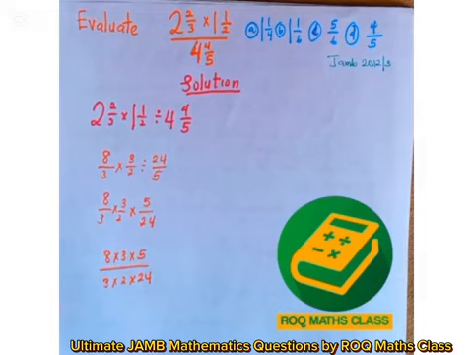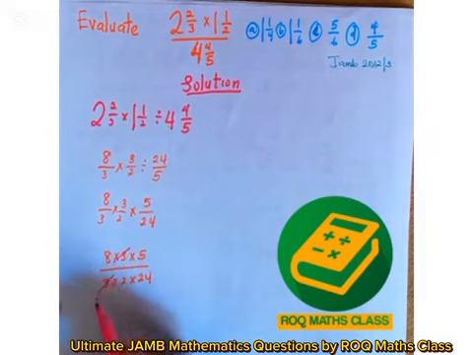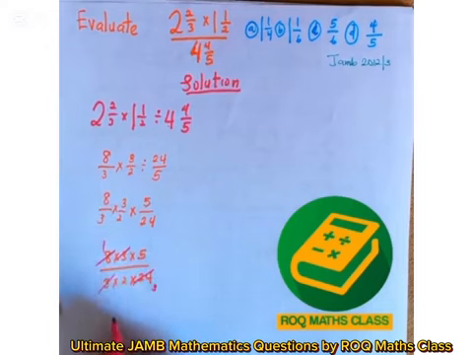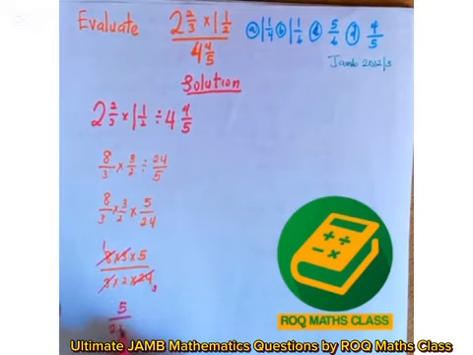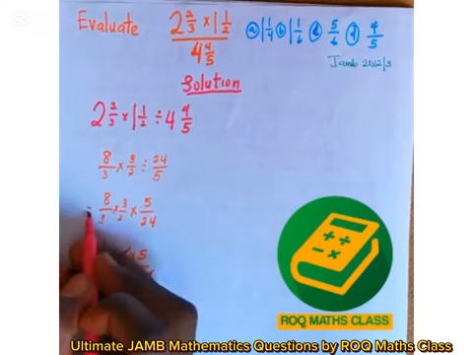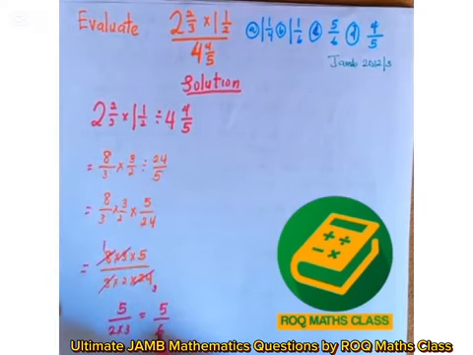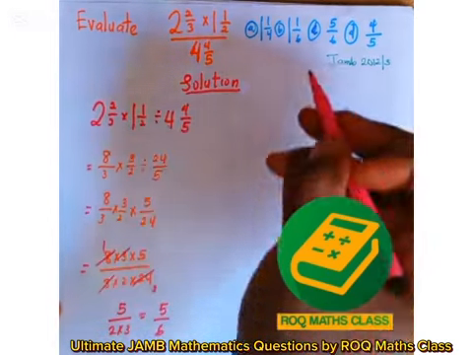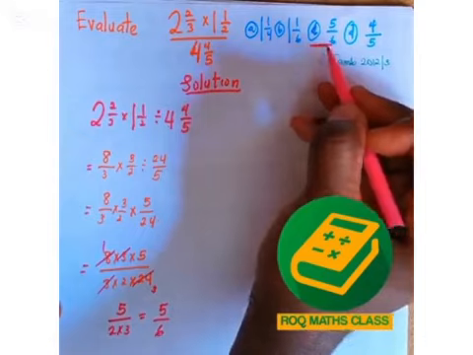Good. 3 cancels 3, 8 cancels into 24 giving 1 and 3. So what do I have left? I have 5 over 2 times 3, which is 5 over 6. So our final answer is 5 over 6, and this 5 over 6 is option C.